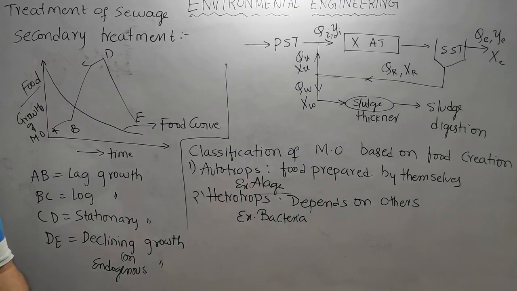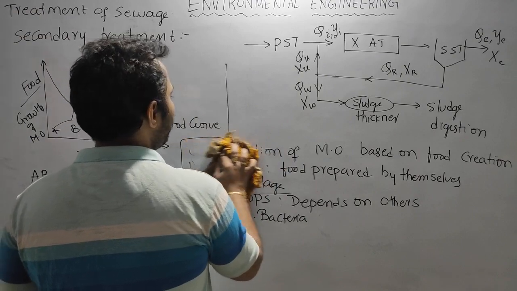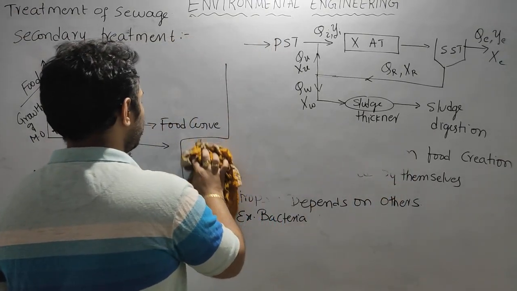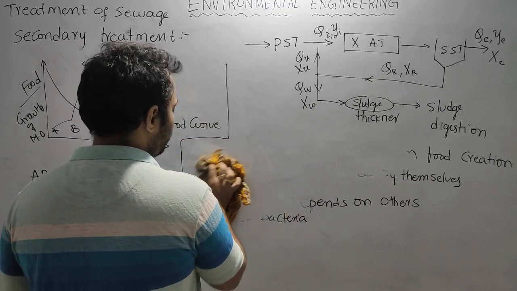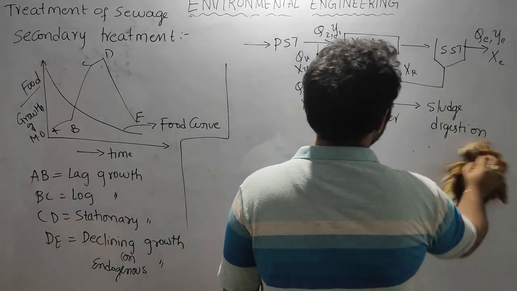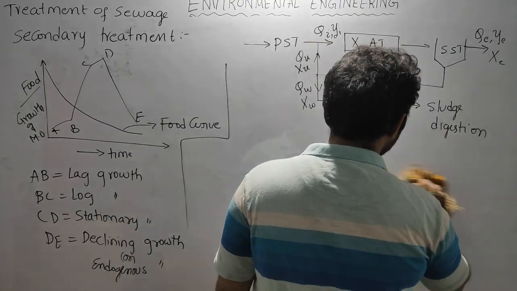Generally here, in order to maintain aeration in the activated sludge process, where does the aeration happen? In the aeration tank. Aeration can be done in two ways.